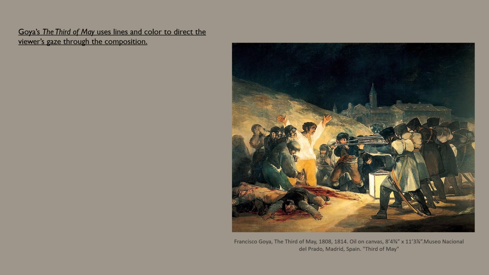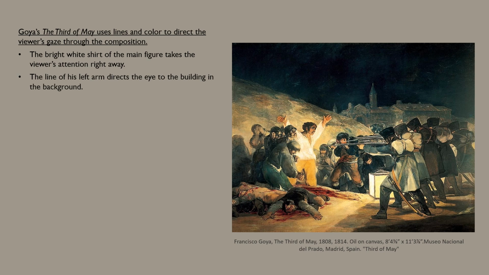And so when we look through this painting, the bright shirt, the central figure, which is also a Christ-like figure, we can see signs of the stigmata on his hands, which are upraised, but being the brightest point in the image, it is the thing that grabs our attention first, right?